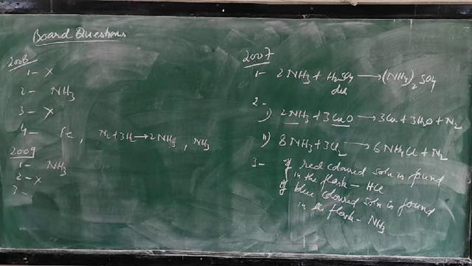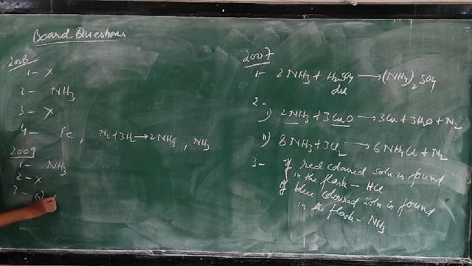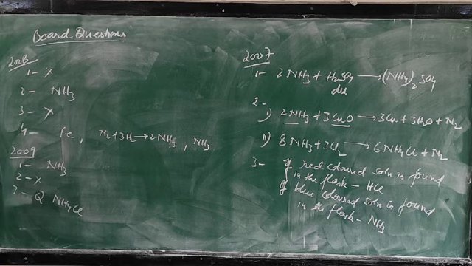Third: identify the substance Q based on the information given. The white crystalline solid Q is soluble in water. It liberates a pungent smelling gas when heated with sodium hydroxide. So Q is any ammonium salt, ammonium chloride.